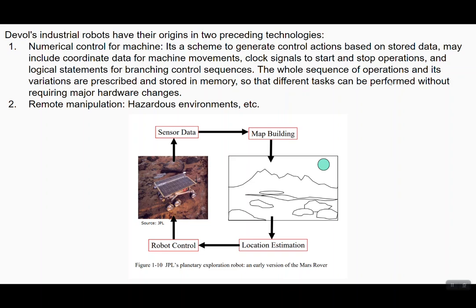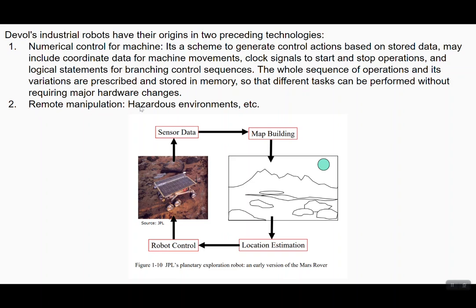The whole sequence of operations and its variations are prescribed and stored in memory, so that different tasks can be performed without requiring major hardware changes. Again, it's a programmable robot, and it can be utilized for different purposes.